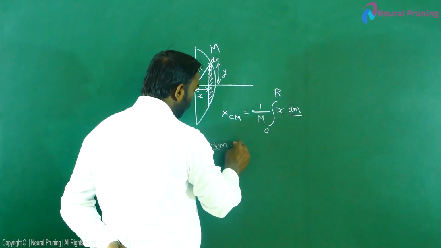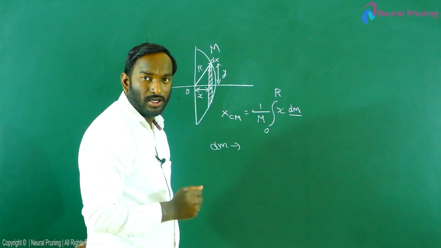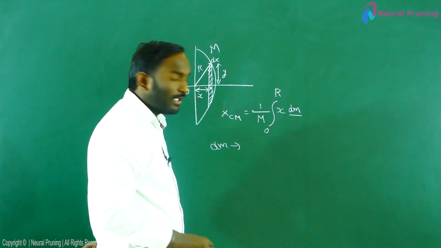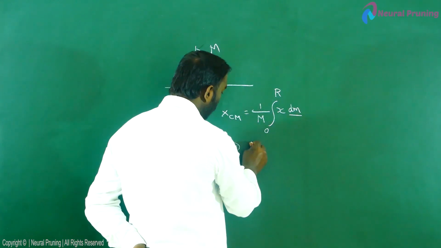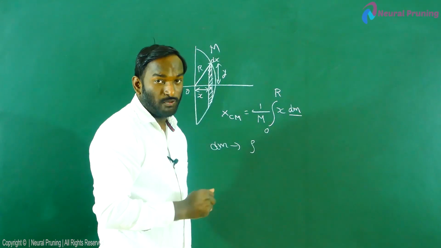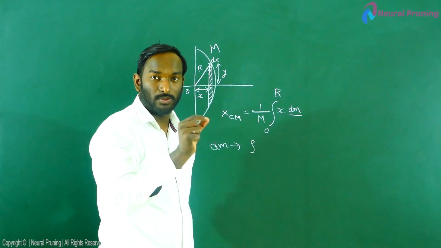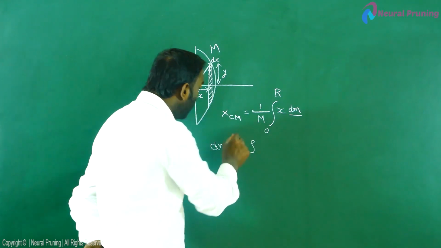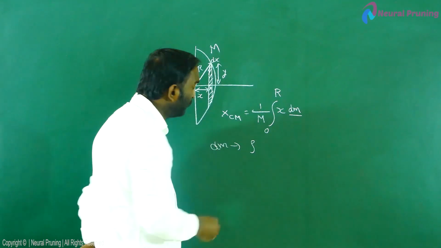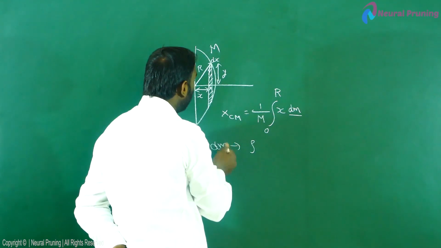dm is the mass of the small elementary disk, and dm is equal to density into volume. You know that density is equal to mass by volume. Density into volume of this small elementary disk. And how to find the volume?